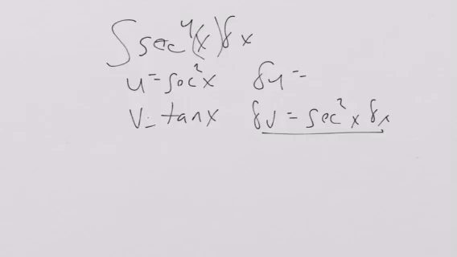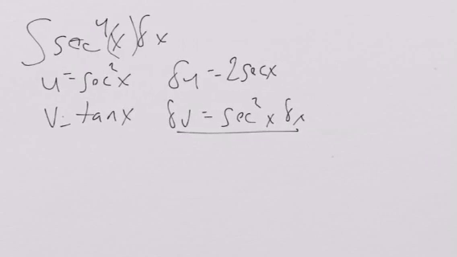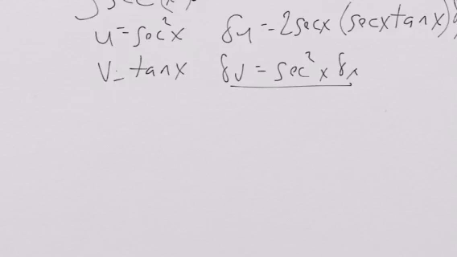And then the derivative of this one, we could do it like a u squared, so we'd have 2u du. So we'd have 2 secant x. And then the derivative of secant x is secant x tangent x. So now we could rewrite this.